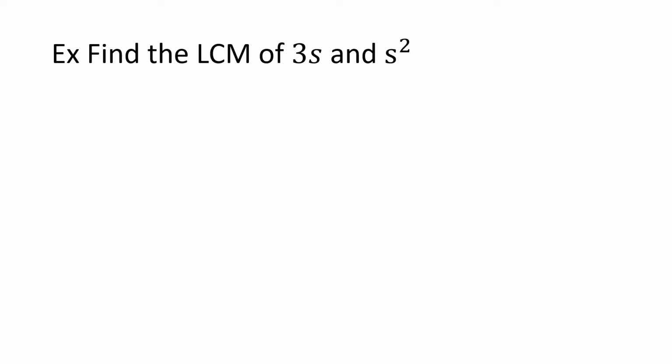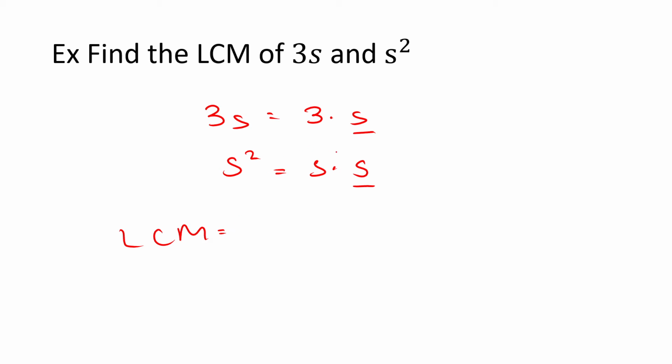Let's start with an example. Let's start with easy ones. So we have 3s and s squared. So factor them: 3 times s, and s squared is s times s. Now find the common factors, s and s. So the LCM is basically, what you're going to do is multiply all the factors, and you're only going to count the common factor once.